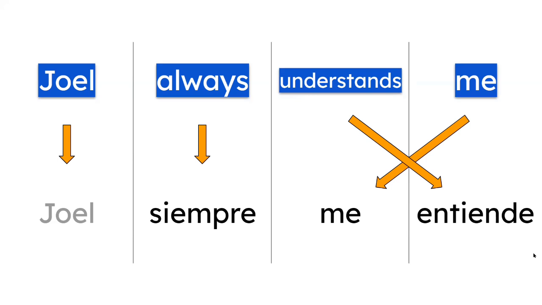So when that happens, we respect that order and we place me right before the verb. So you're gonna hear siempre me entiende, me escucha, and so on. So keep that in mind. Joel siempre me entiende. Okay, now it's your turn to say it.